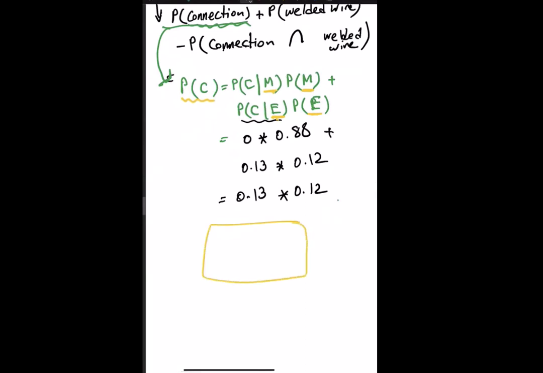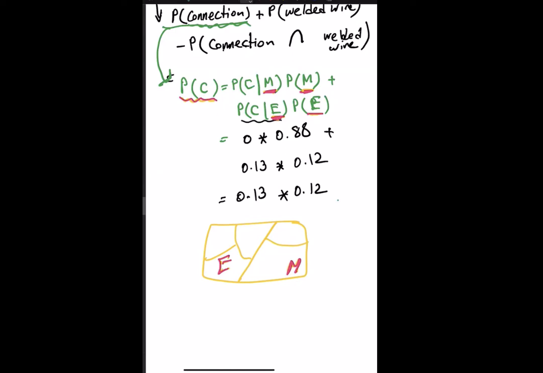If this is all the defects, they are either electrical or mechanical. These two partition, and then electricals are divided into some parts and mechanicals are divided into some parts as well. But these two are the main partition of our system. So when you want to write the total probability rule, these are the two events that you're going to condition on. Okay.